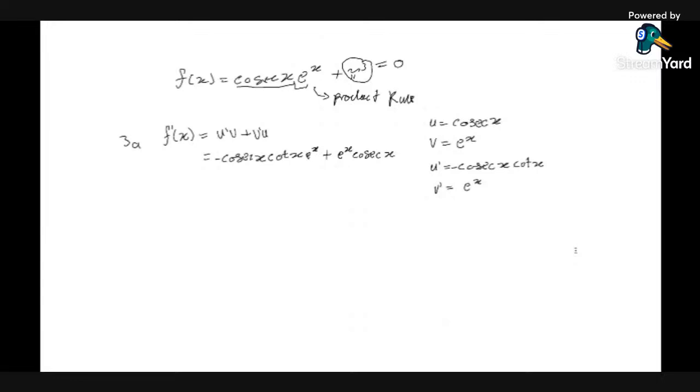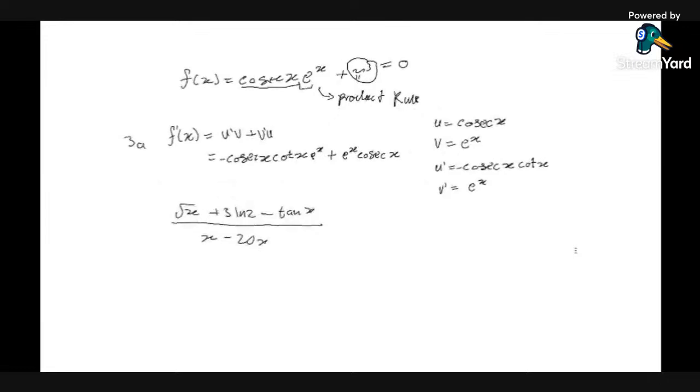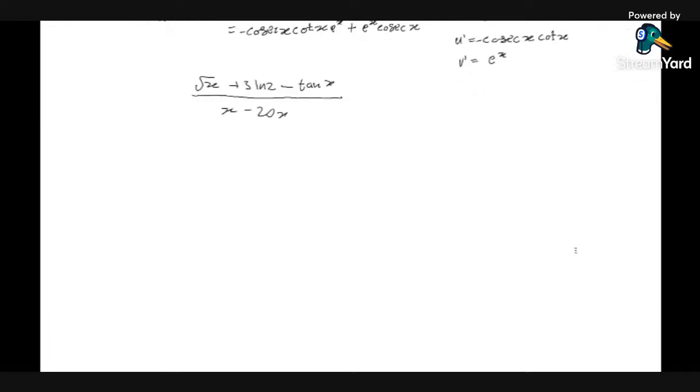So square root of x plus 3 ln 2 plus tan of x, this is minus, divided by x minus 20, x minus, yeah, minus 20x. I don't know why it's doing that now.